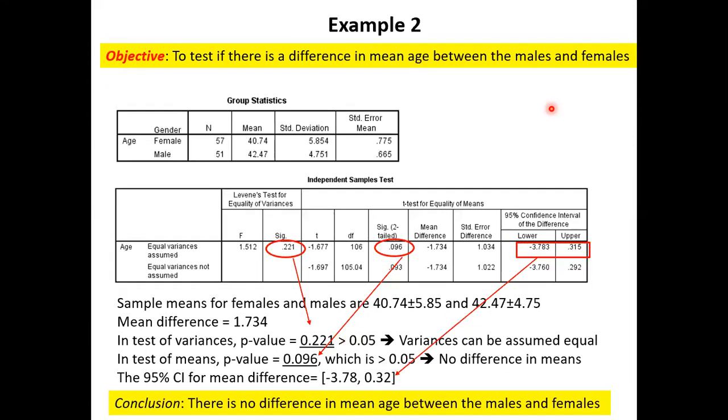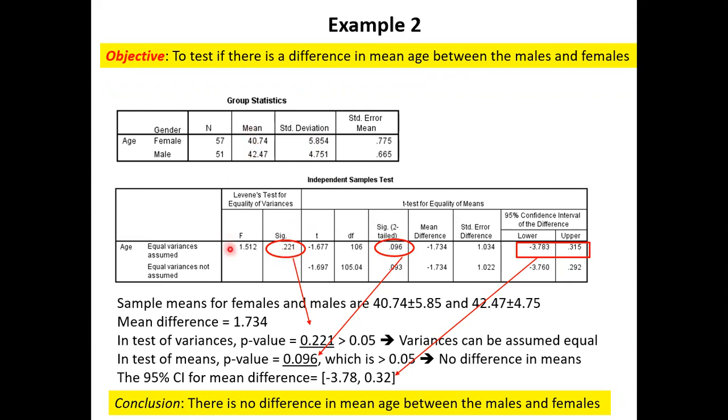Second example. What do you want to know? Come on, participate. Difference in mean age between male and females. So those are the means, and you want to know the mean difference, 1.7. These are the standard deviations; you square them and they become variances. This tests whether variances are equal.